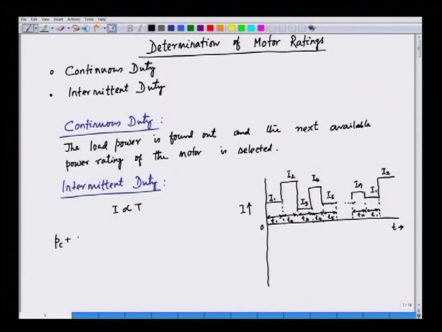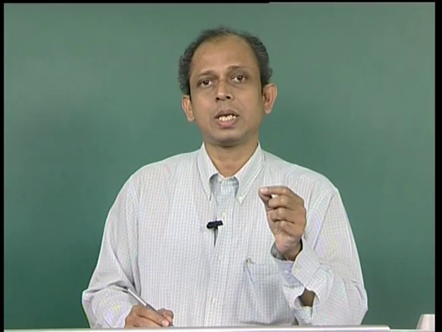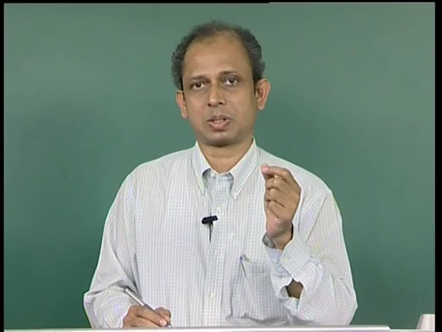Let us say we have an equivalent current, IEQ, and the effective resistance of the motor is R. In a very simplified expression, the core loss plus the copper loss is the total loss, and this loss is equal to the loss occurring in the motor in the respective intervals.